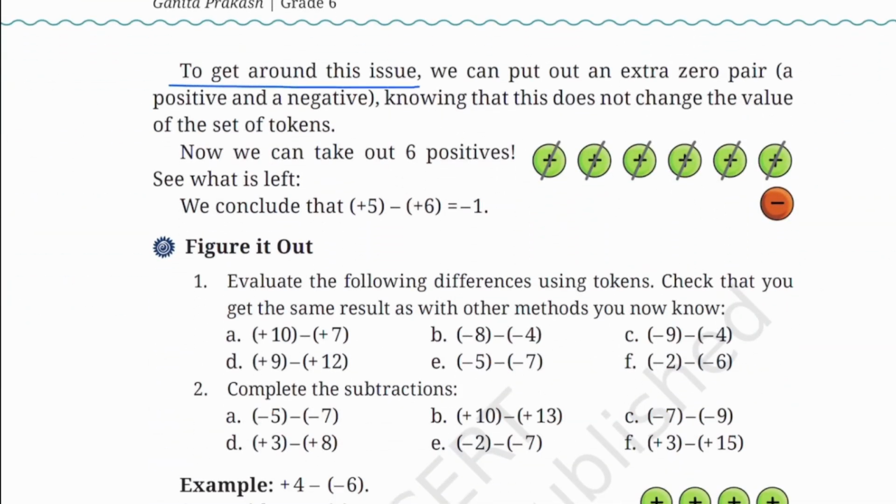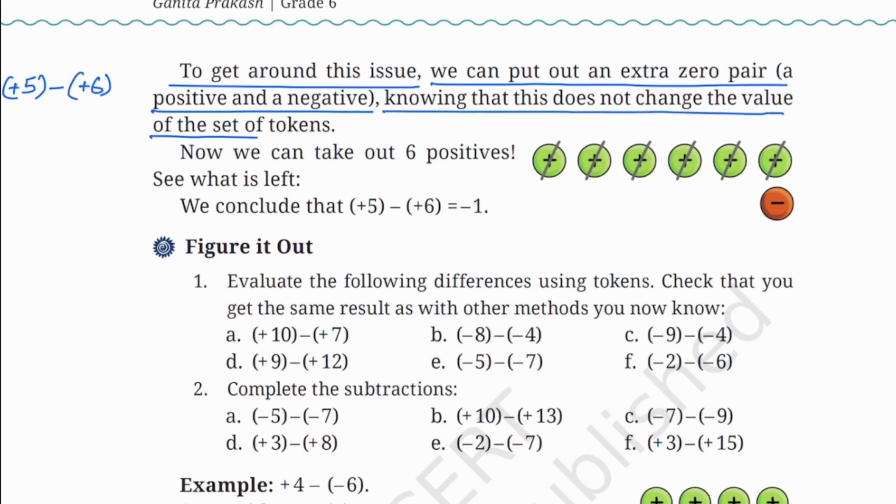To get around this issue, that is, you have to take out 6 positive tokens from 5 positive tokens, we can put in an extra 0 pair, a positive and a negative, knowing that this does not change the value of the set of tokens. That means you can put an extra pair of a positive and a negative token like this.